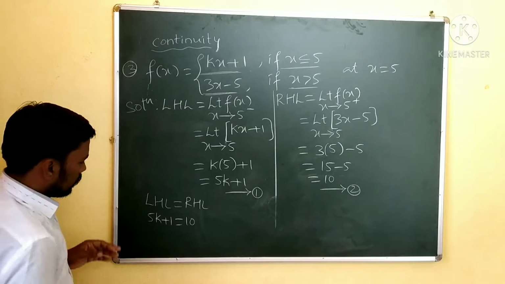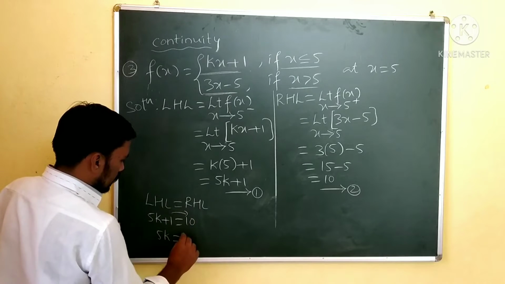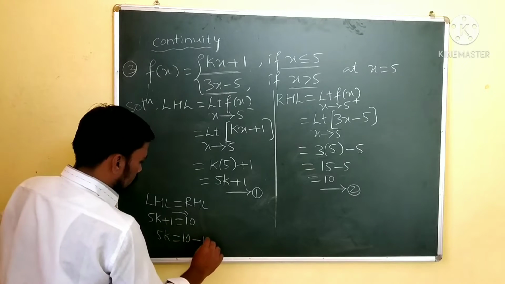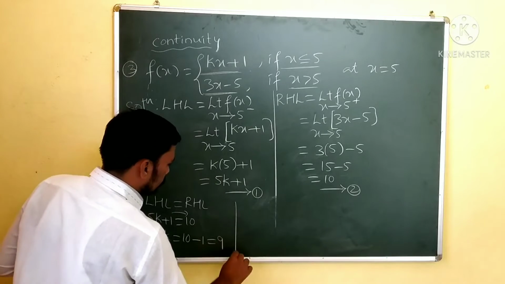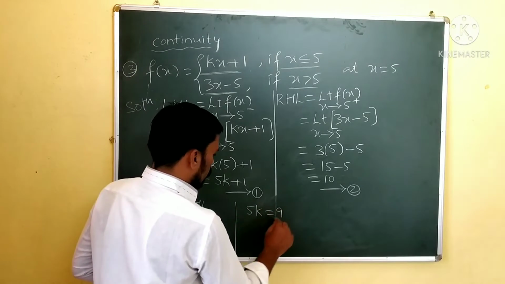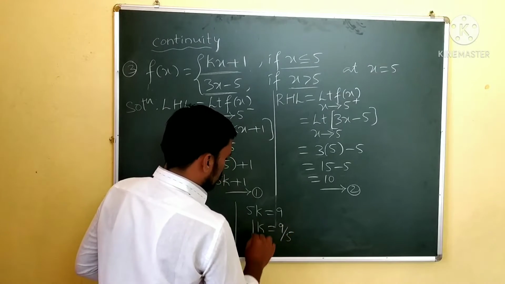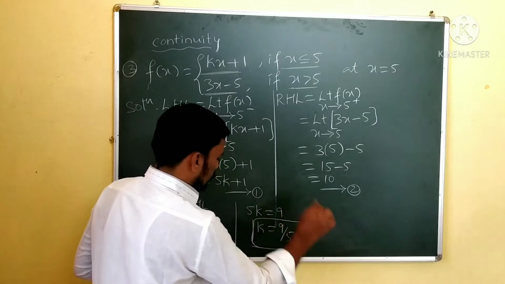Do the simplification. 5k is equal to, take this plus 1 to the right hand side, 10 minus 1, which is 9. Again, 5k is equal to how much? 9. Therefore, k is equal to 9 divided by 5. 9 by 5 is the required value of k.